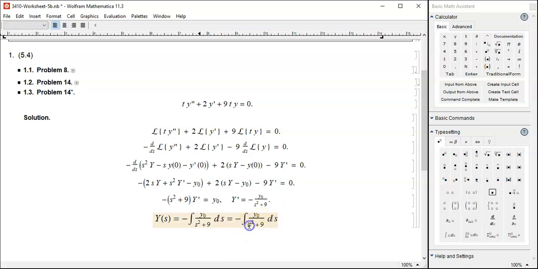Let's see. Let's begin with this. Divide both numerator and denominator by 9.